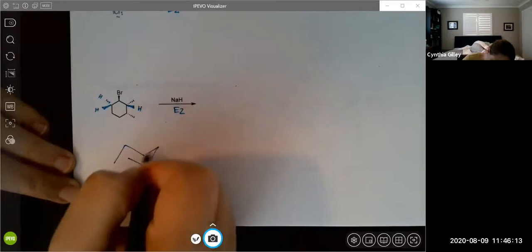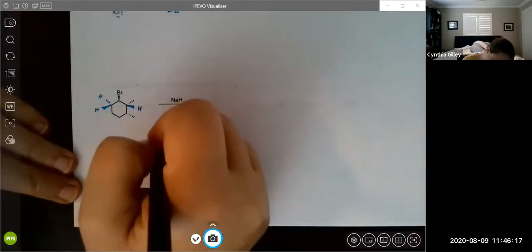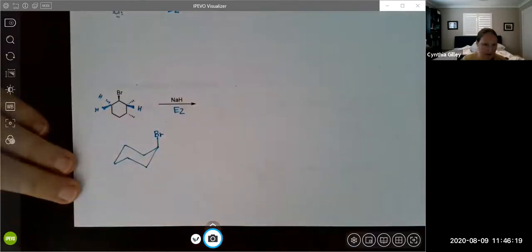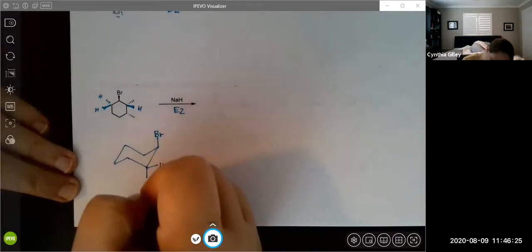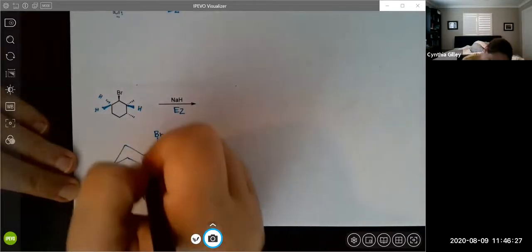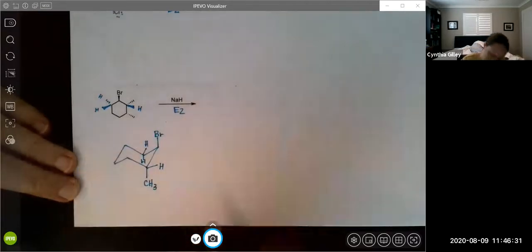Right, so if I draw this structure in a chair conformation, I'm going to put the bromine up, axial. So then the hydrogen here is over here, and this position is blocked by a methyl. And then we also have the hydrogen that's pointed here and the one that's here.